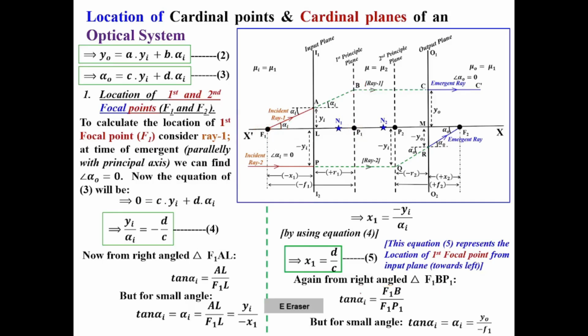Same thing has been written: tan alpha I is equal to P1B by F1P1. Sorry, by mistake I wrote F1B, but this is P1B, this height.